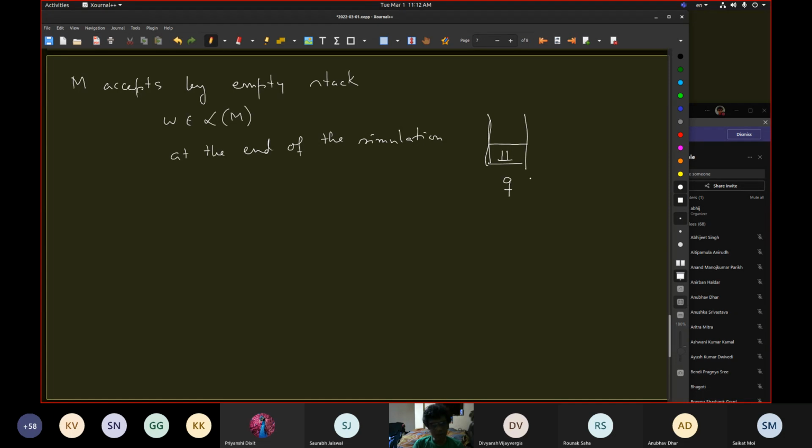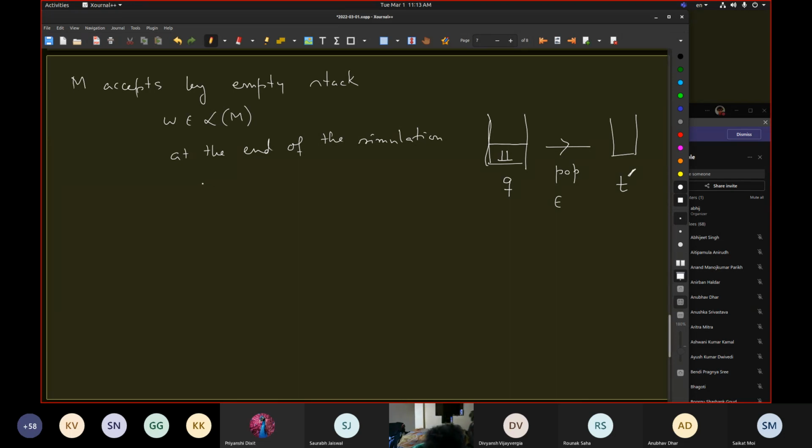Then what will our new machine N do? It will simply flush this bottom marker. So there is one more step. Pop. This is an epsilon transition. Go to state T prime, and pop this.